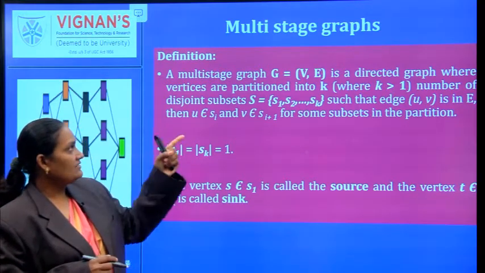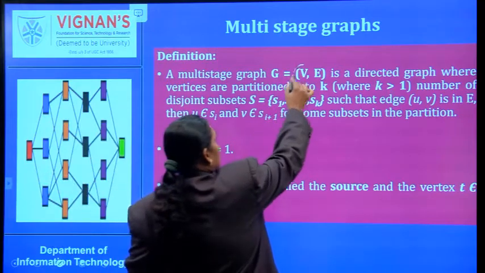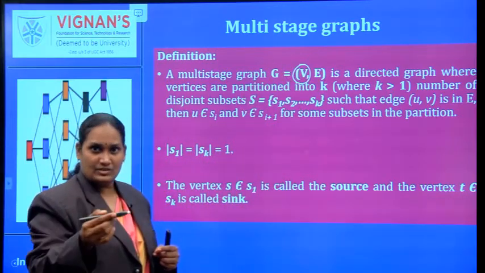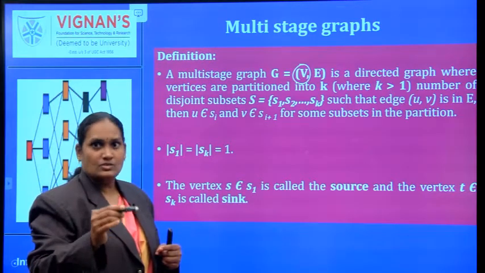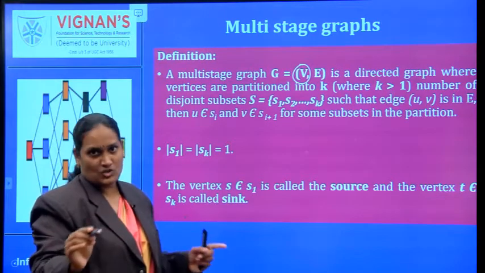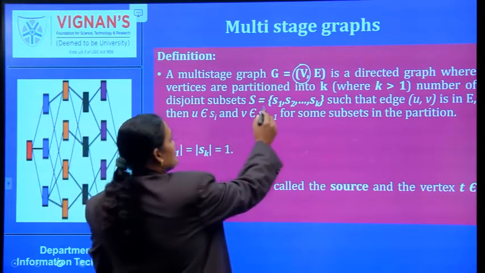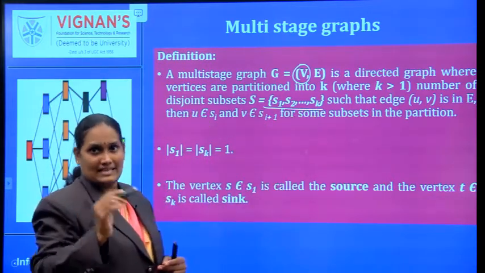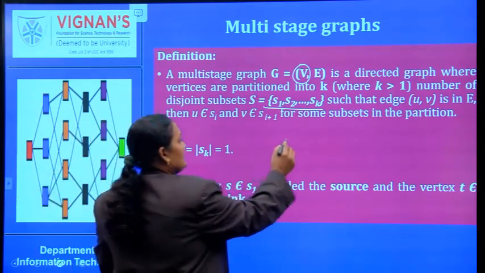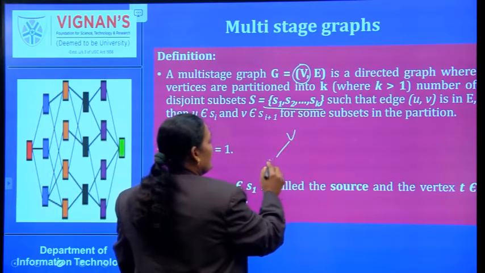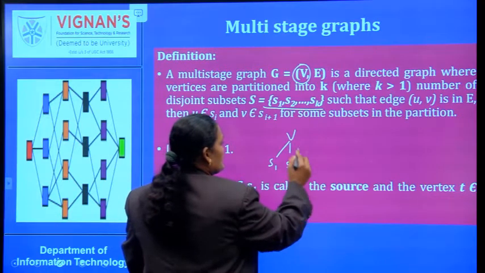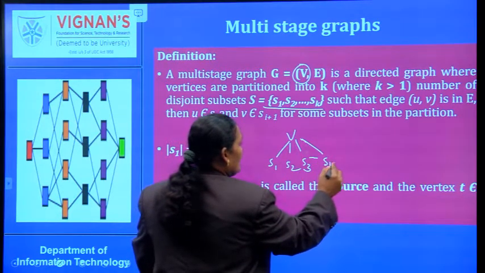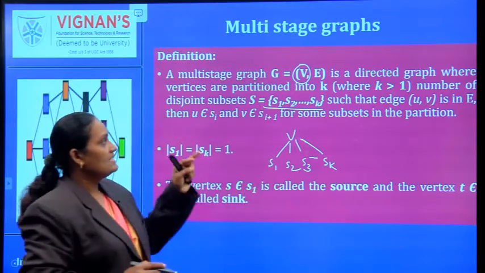Here the vertex set V is divided into K subsets, and those K subsets are disjoint sets. I represented those K subsets as S1, S2, and so on up to Sk.